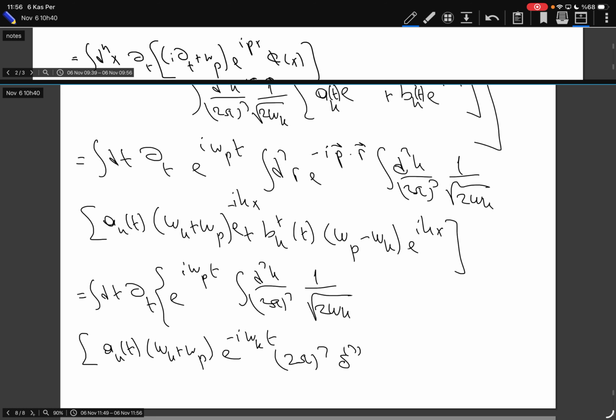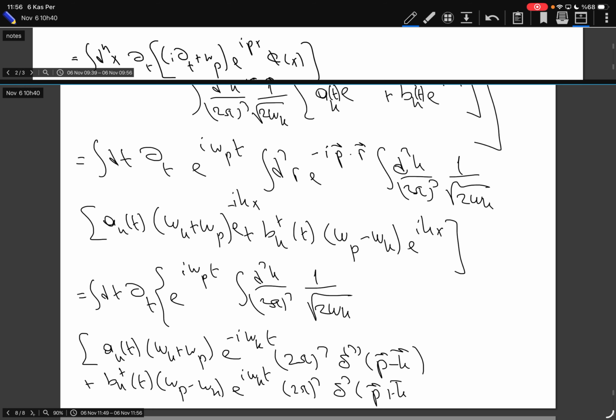This three-dimensional Dirac delta of p minus k, and then plus b_k dagger of t, (omega_p minus omega_k), e^{i omega_k t}, (2 pi)^3 delta of p plus k.